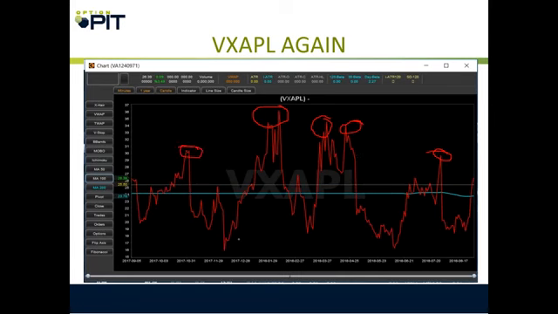And it's spiking lower here. The time to sell options is like here. And really, kind of here. And here.